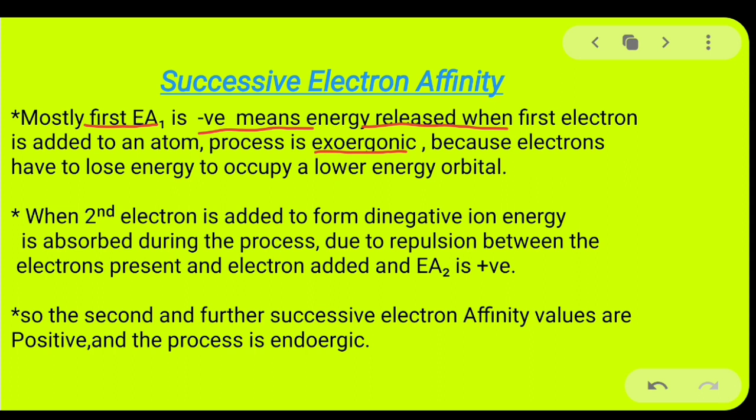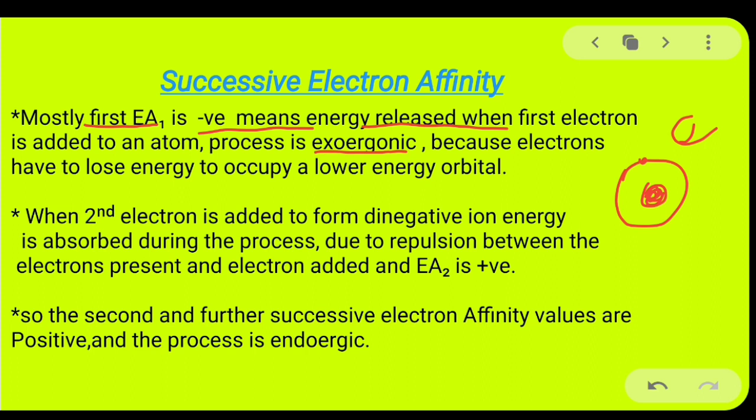Let us see this example. Suppose this is one atom and it consists of one shell, and the central part is the nucleus. When we add one electron from the outside to this atom, what will happen? The nucleus exerts a force on the electron added, and due to the force of attraction, the electron is added smoothly in the outermost shell.